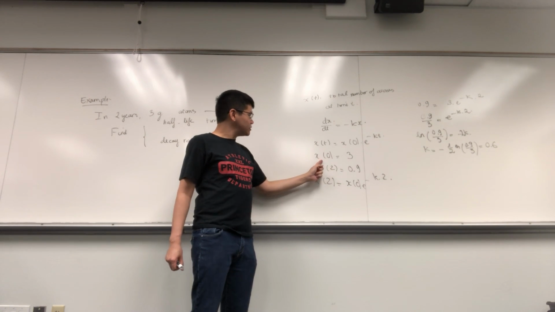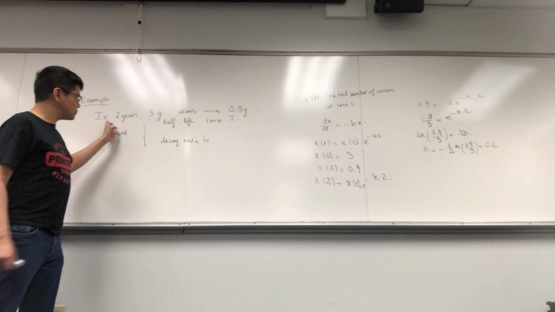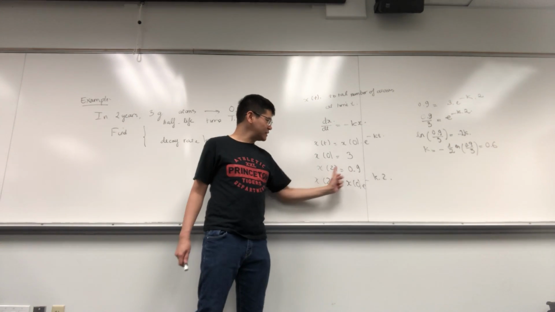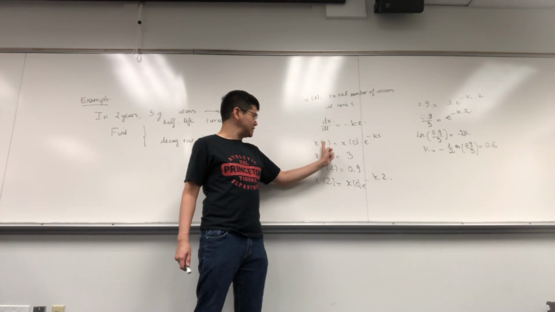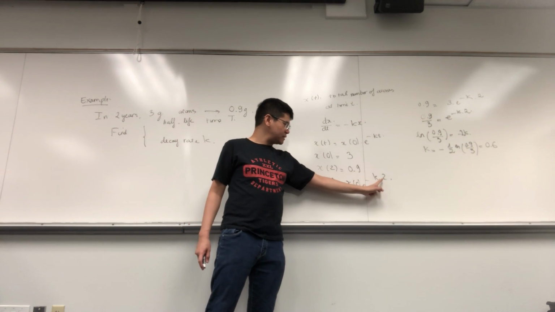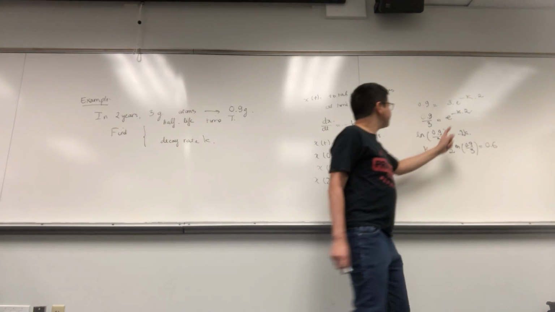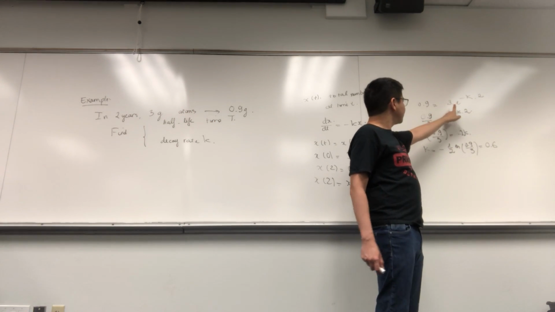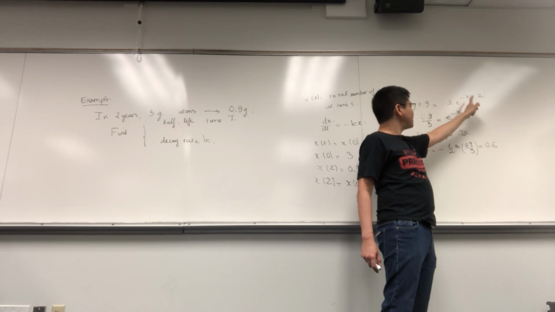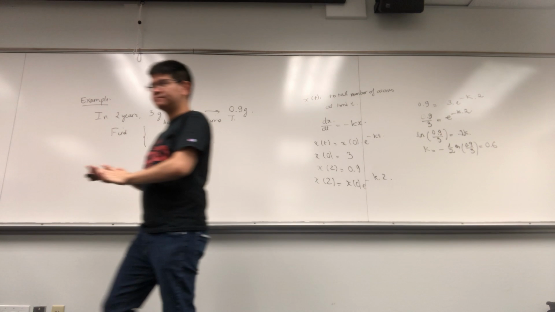So x0 will be 3 because initially you have 3 grams. After 2 years, you have 0.9 grams, so x(2) will be 0.9. You replace t to be 2 here. You have x(2) is x0 times exponential minus k times 2. So you have 0.9 is 3 times exponential minus k times 2. So k will be 0.6. Questions?